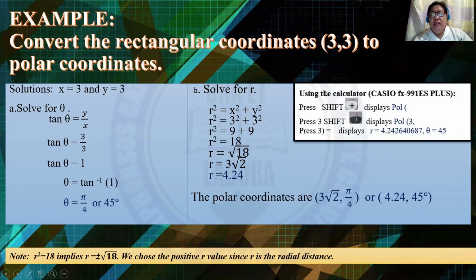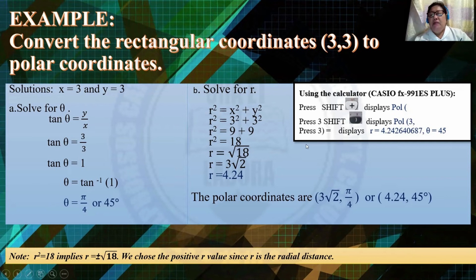Using the calculator, you can press shift and the positive key. Above this, we have the polar. So it will display pole. Then open parentheses. Then press 3. Then shift, and then the comma key. It will display pole, open parentheses, 3, and comma.